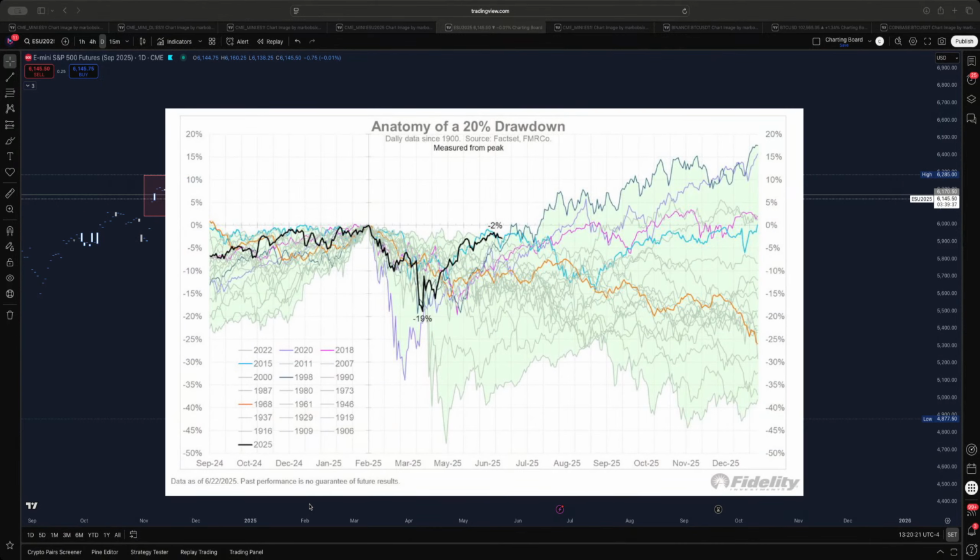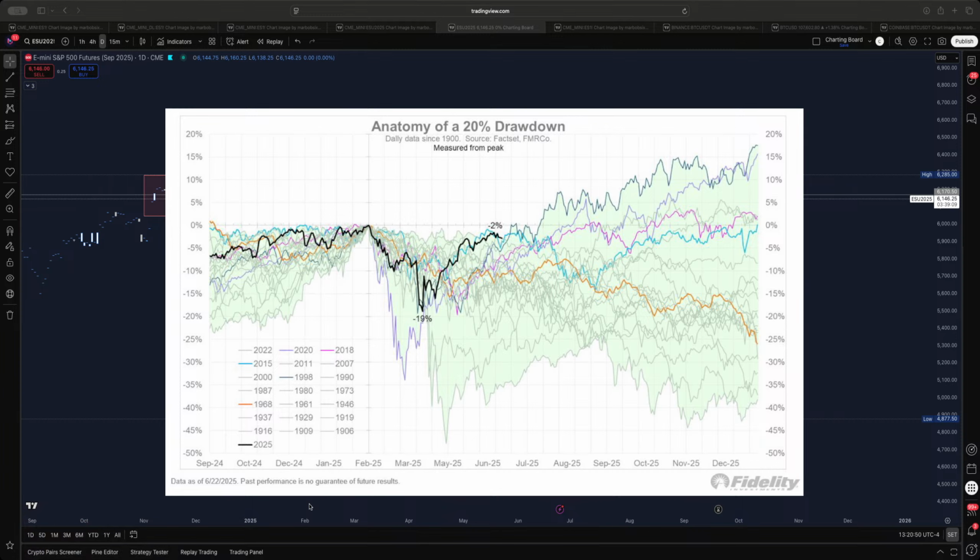Do we go higher, 5%, 10%, 15%, 20%, as was the case for 1998 or 2020 after the COVID crash? Or do we go into 2015 or 2011 or the orange one from 1968? You, my friends, can always flip a coin and make your projections in either direction, okay?